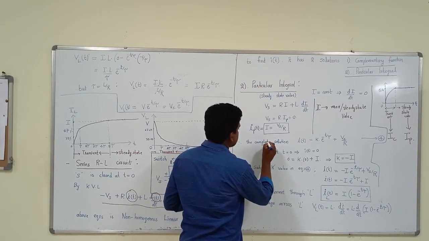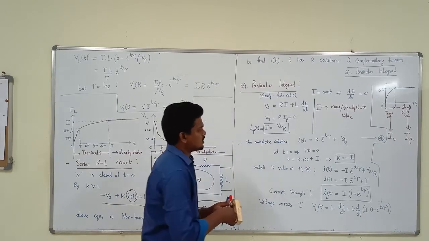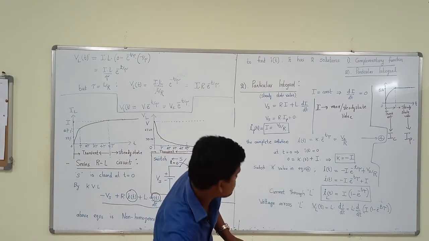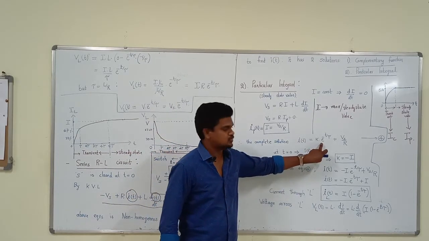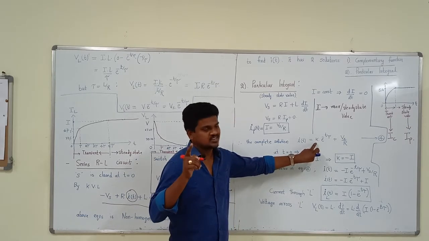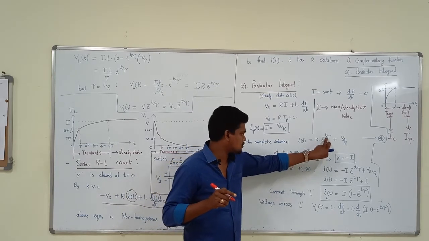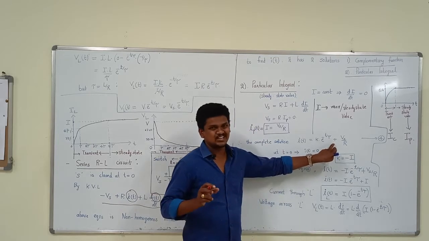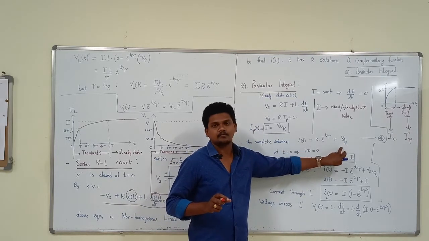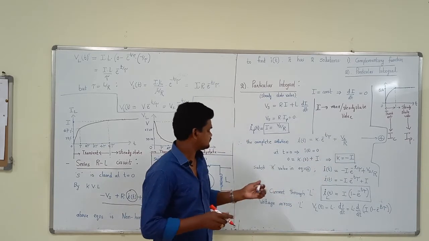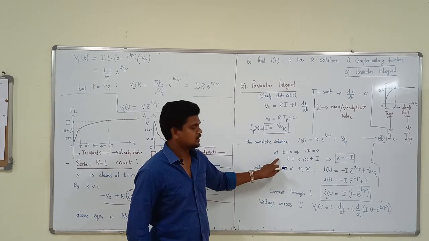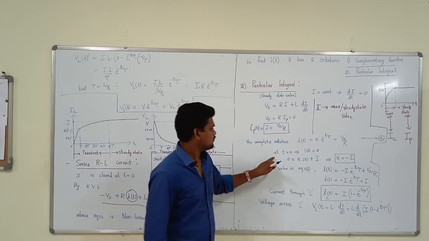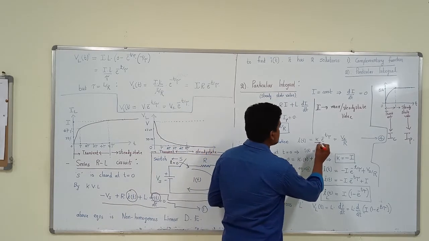Complete solution means a combination of the complementary solution as well as the steady state solution. From the complementary solution we get k into e power minus t by tau. For the particular solution, the steady state solution, I equals Vs by R. From that, generally, this is the constant value, so we have to remove this k.